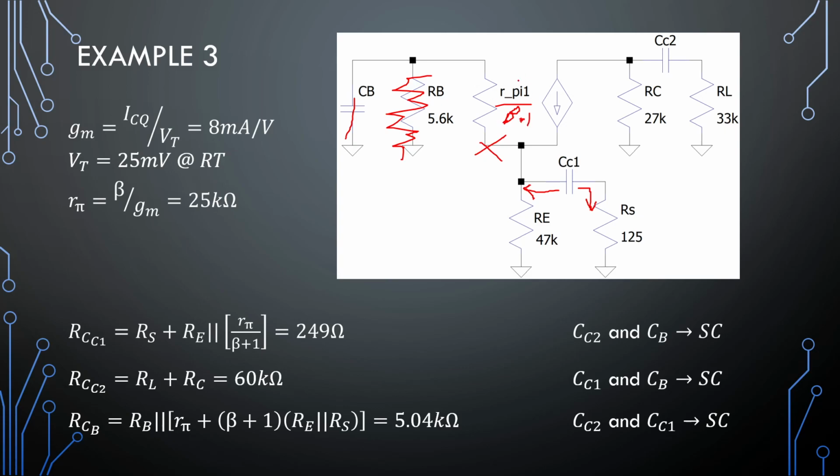And we know this should be small re, which should be roughly the same as our RS if this was designed correctly. And in this problem, it gives us 249 ohms. So always remember series with the capacitor. And this is RE parallel with small re, and that is the input impedance of this amplifier.